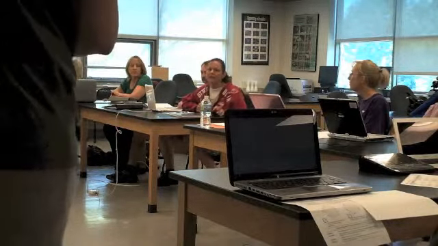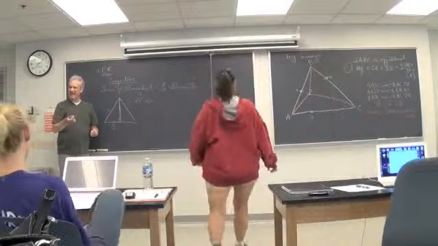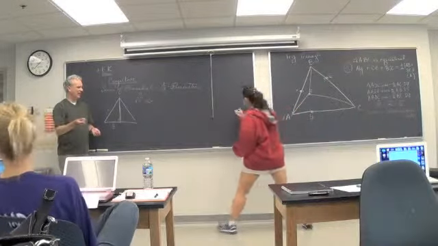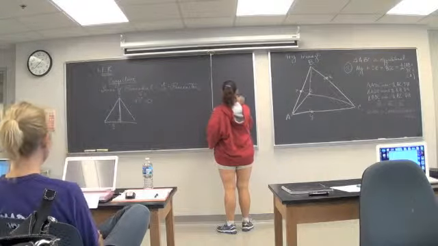Can you do the formula? It's square root of s times s minus a times... It'd be the square root of AB plus BC plus CA, divided by 2.